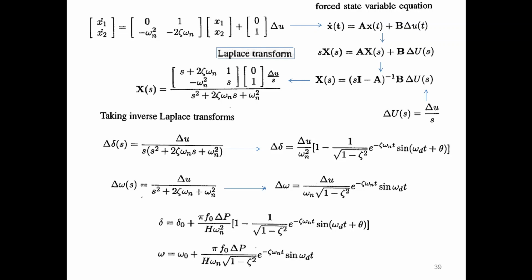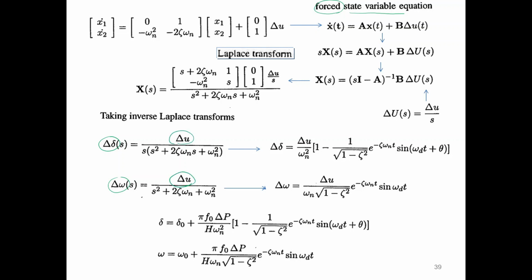Now we have to take the Laplace transform of the forced state variable equation. We take the Laplace transform of both sides of the equation, right? Now you see that after the transform, the change in delta delta, the change in the rotor angle and the rotor speed, is affected by the change in delta U itself.